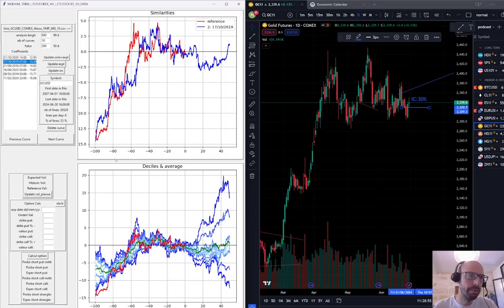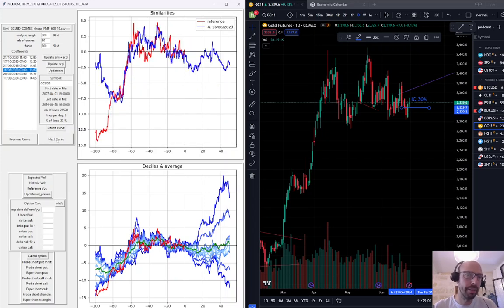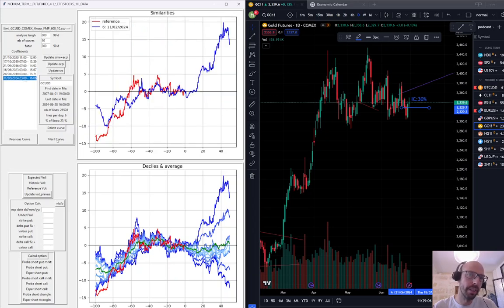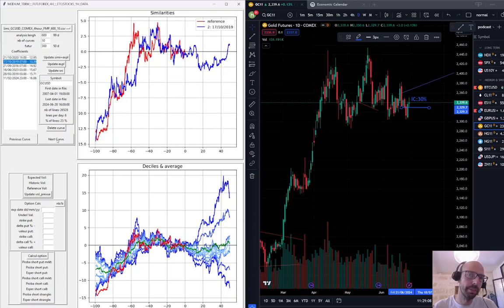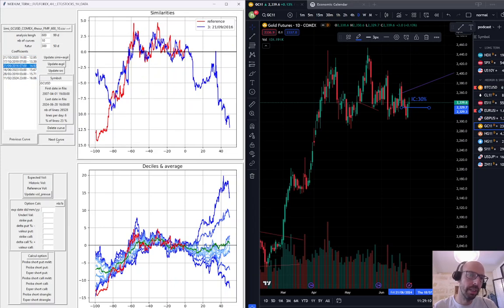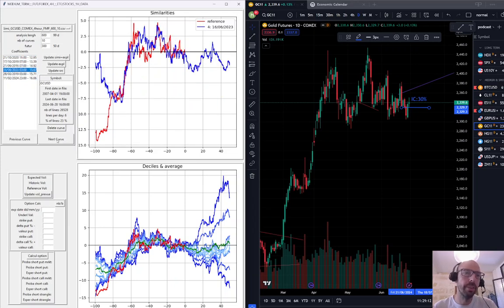I have 2, 4, 6 curves, and as you can see, they are very different. There's up movement, down movement, and trading ranges. It's not really clear. The fit is not very nice, but still I think we are waiting for a movement here.